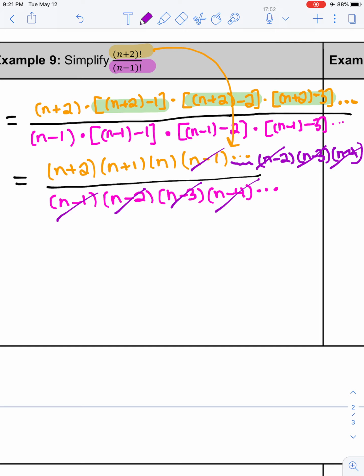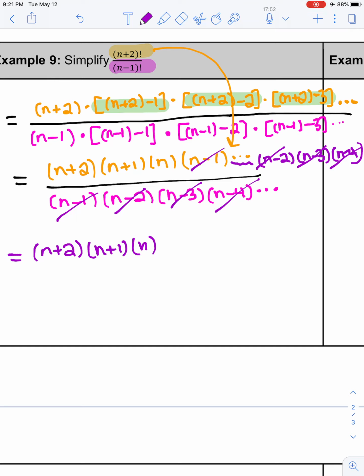So what this leaves us with is the product of n plus 2 times n plus 1 times n. And you can choose whether or not you want to distribute that out. If you're in a multiple choice situation, you might need to mash that to a cubic, but for right now, I'm going to leave it in factored form.